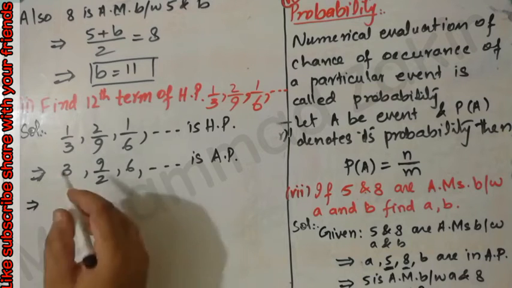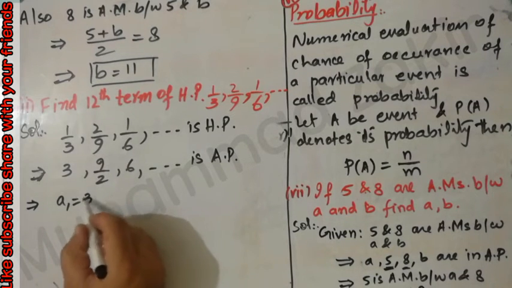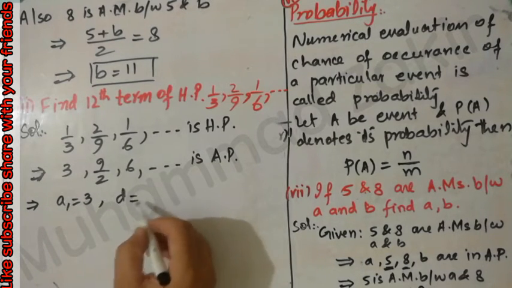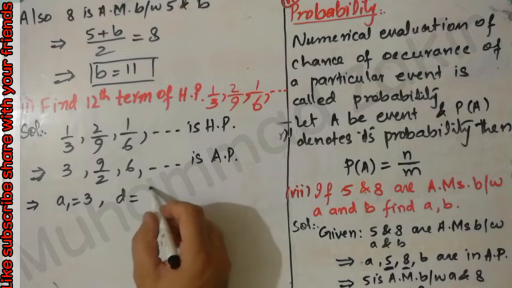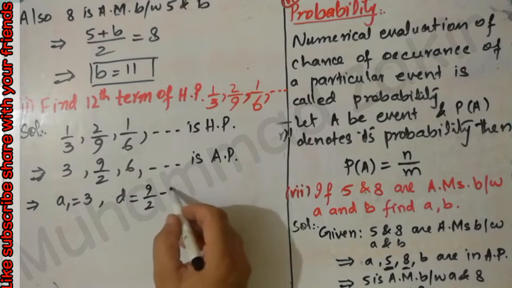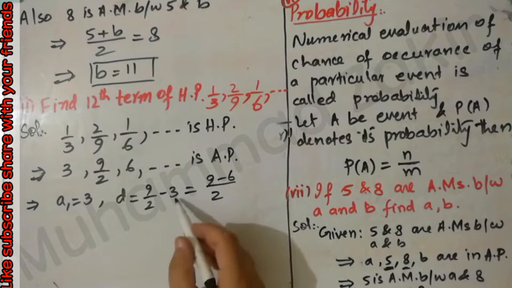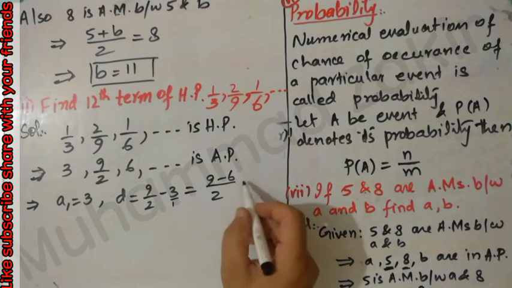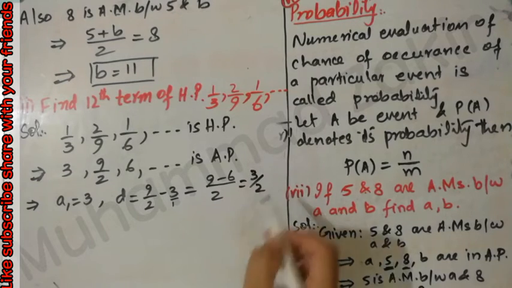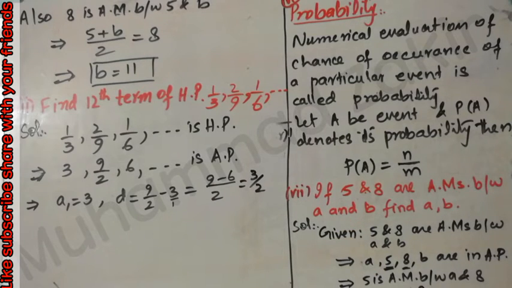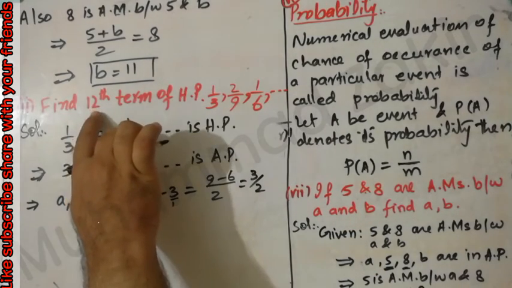And this AP tells us its first term is 3. In AP there exists a common difference. We know already, 9 by 2 minus 3. What will it be? 2 LCM. 9 minus 6, it will become 1 and it will become 6. And further it becomes 3 by 2. This is the common difference.